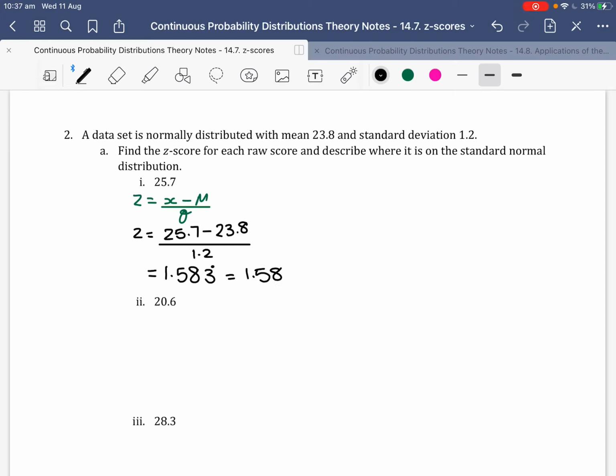Now we want to describe where it is on a standard normal distribution. That means that a score of 25.7 lies 1.58 standard deviations above the mean. That's what our z-score is saying.